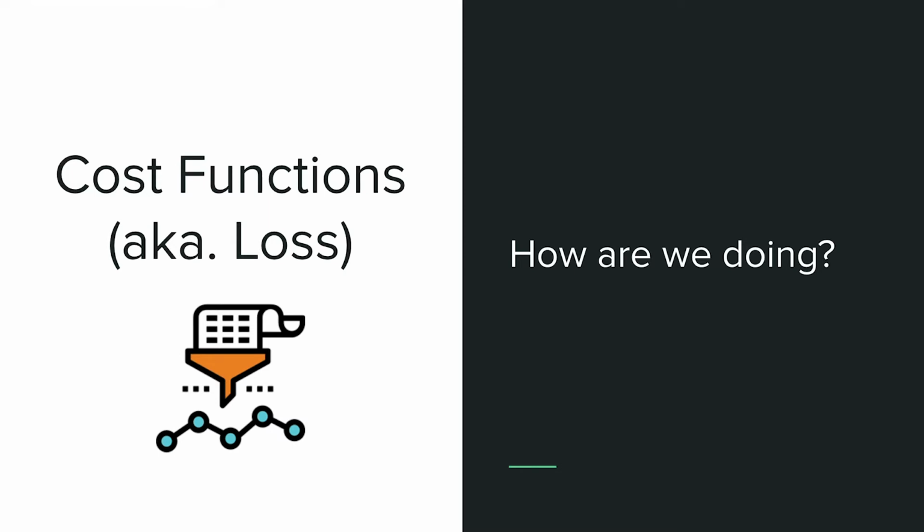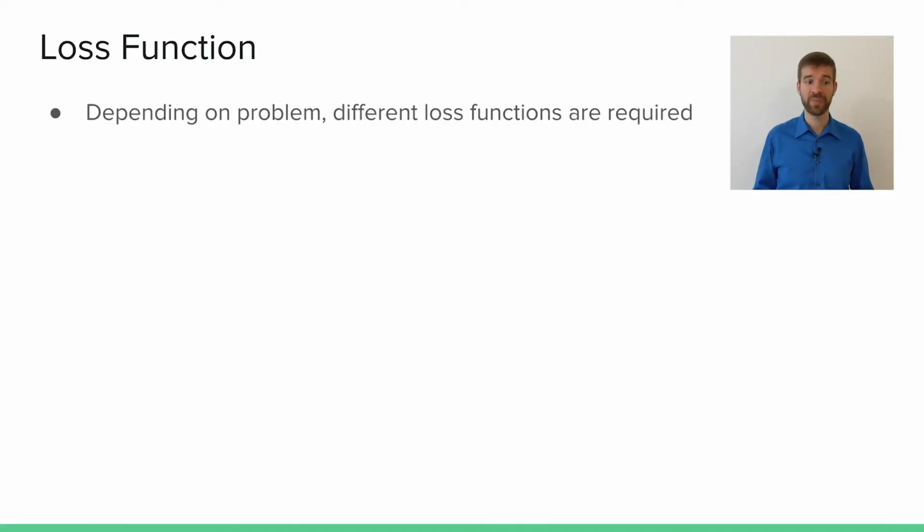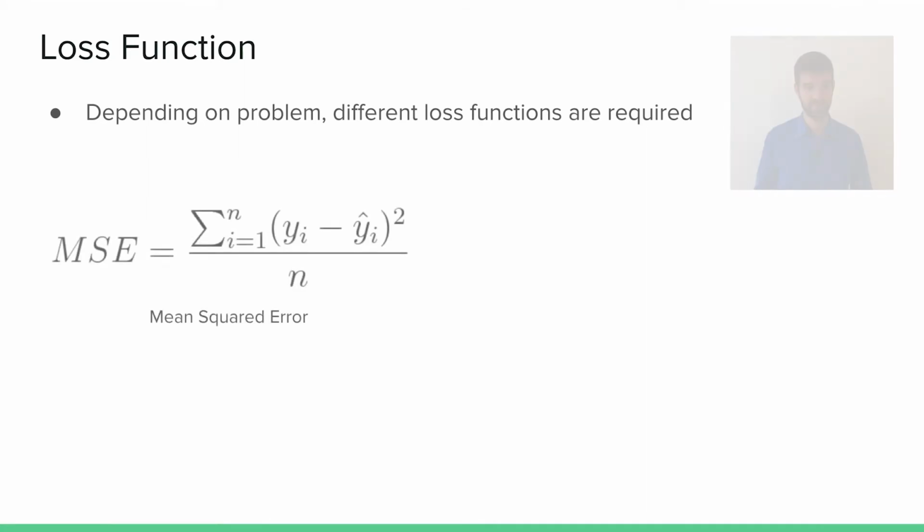So let's talk about the cost function, aka the loss. It basically boils down to the question, how are we doing right now? We have this parametric model which operates on this space of values that it can tune. So we have to figure out how we're doing at the moment. Depending on the problem that we are trying to solve, different loss functions are required.